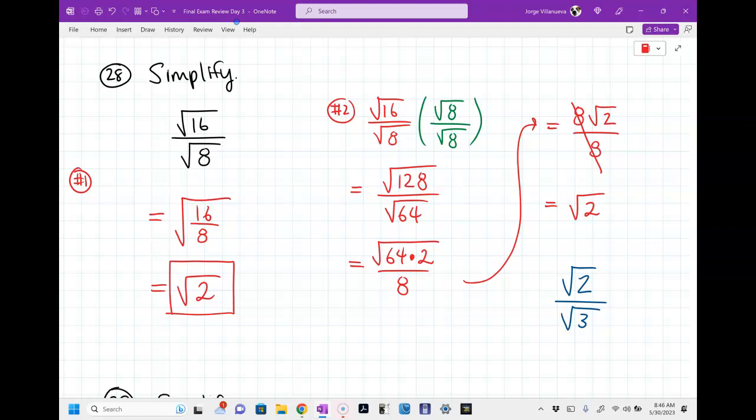You would multiply top and bottom by square root of 3. Okay, you'd have to do it that way. All right, so that's why I wanted to show you both of them, not just show you that first method, and then you're like, oh, they're all going to be this simple. I don't remember what the question on the test is. I know it's this type of question, but I don't know if you're going to be able to simplify it immediately. Okay, so I just wanted to show you both. Okay, so this would be the answer if you do it the other way.